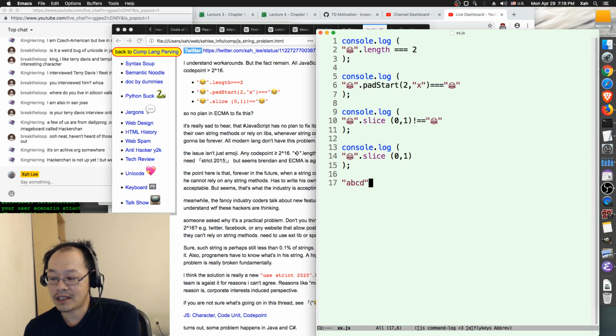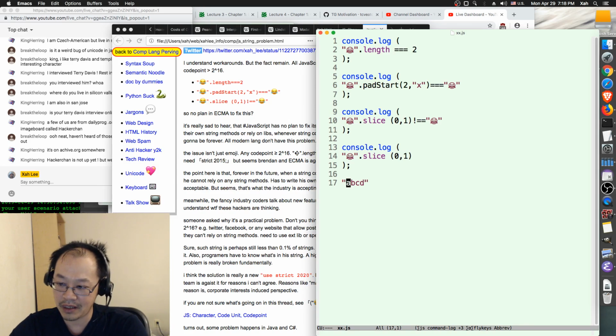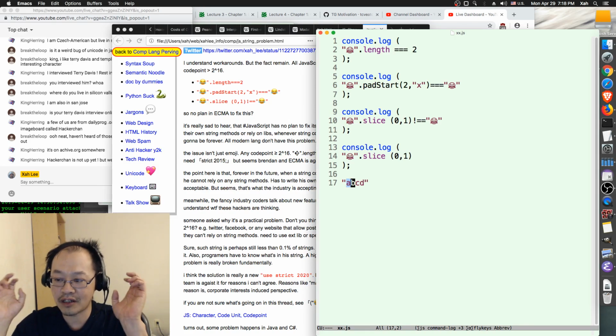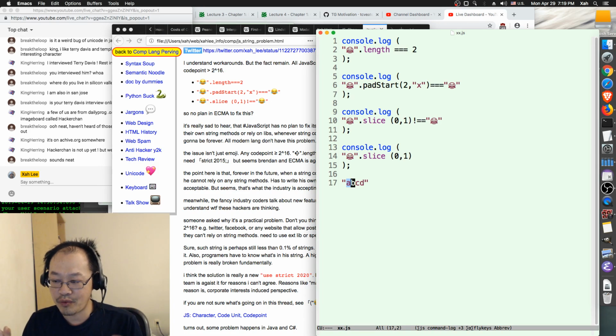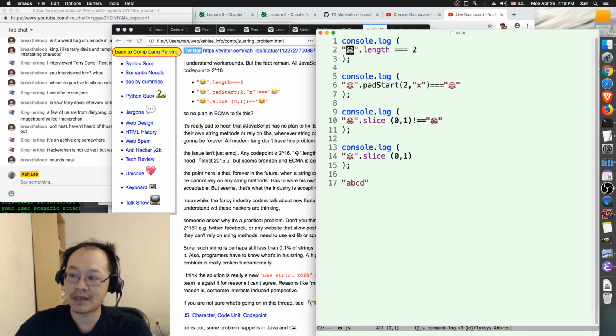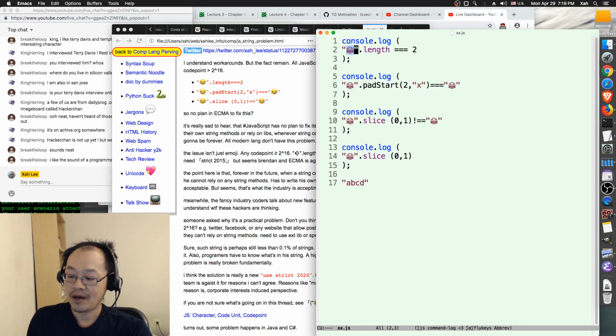So anyway, the reason this problem happens in JavaScript is because a JavaScript string is technically defined as a sequence of 16-bit code units. Okay, so it's called a code unit. Each character you see here is considered a code unit. What it actually is, is just a 16-bit binary number. So why does this smiley have a length of 2? That is because this Unicode character, when it is encoded, actually has 32 bits.